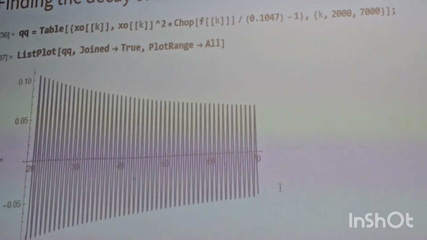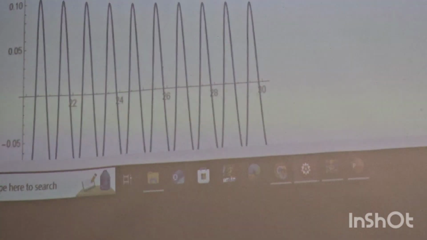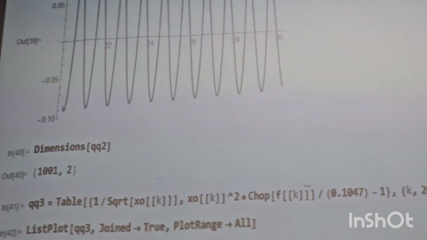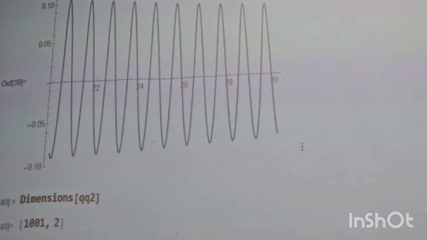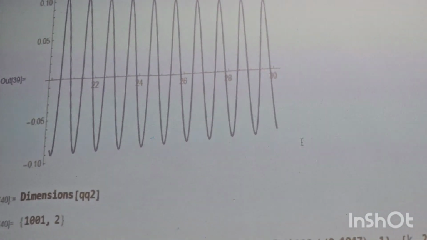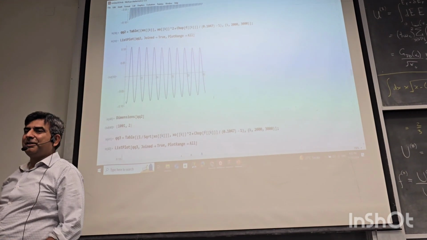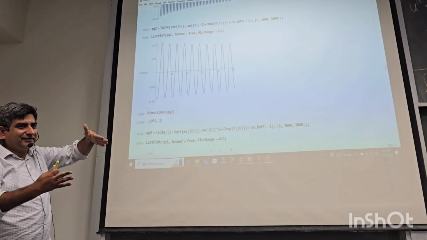So now I can also zoom in a little bit. Here I zoom in on some portion of this decay. And then I predict that the decay of the maxima follows a power law. So as x naught goes up, the amplitude decays.